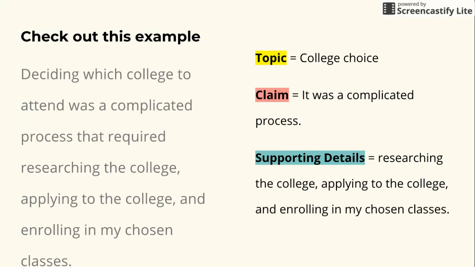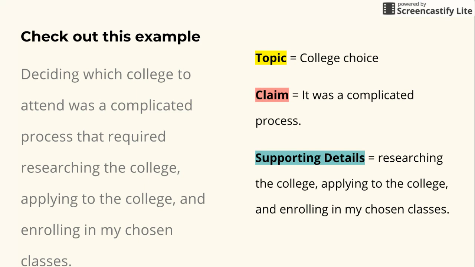Deciding which college to attend was a complicated process that required researching the college, applying to the college, and enrolling in my chosen classes. The topic of this essay, I know, is going to be college choice. The claim: it was a complicated process. The three supporting details: researching the college, applying to the college, and enrolling in my chosen classes.